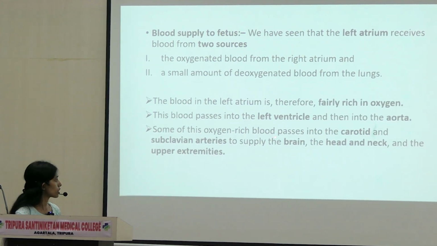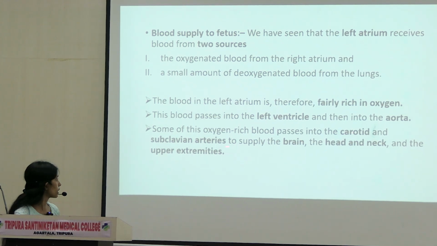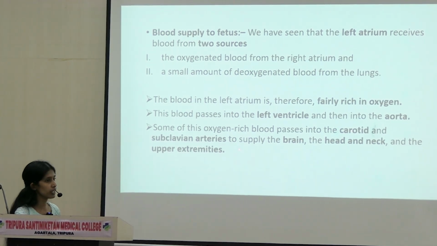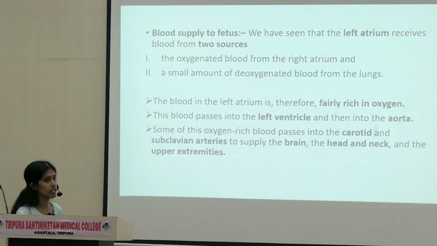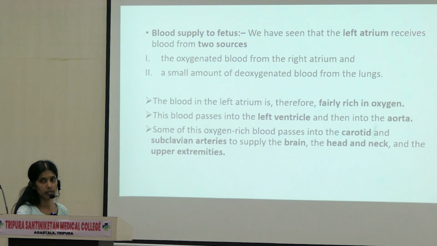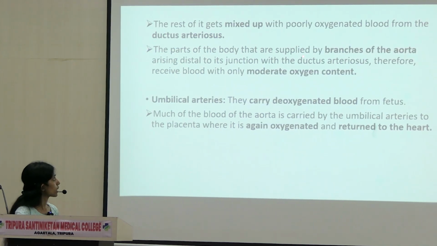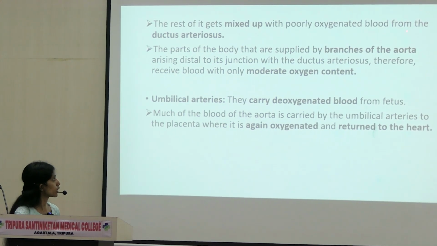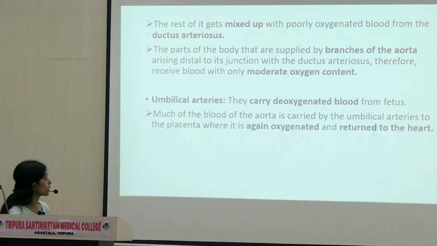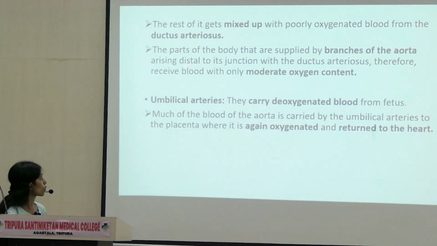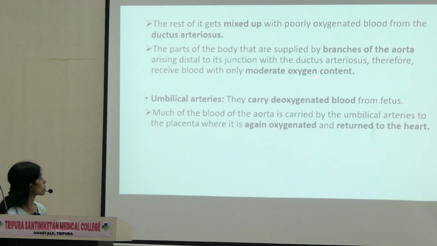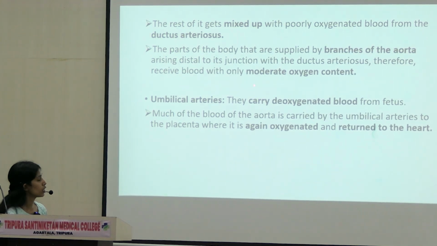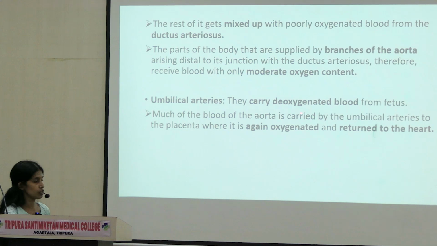Some of this oxygen rich blood passes into the carotid and also the subclavian artery to supply your brain, head and neck, and also the developing upper limbs. The rest of it gets mixed with poorly oxygenated blood from the ductus arteriosus. The parts of the body supplied by the branches of the aorta arising distal to this junction with the ductus arteriosus therefore receive blood with only a moderate amount of oxygen.